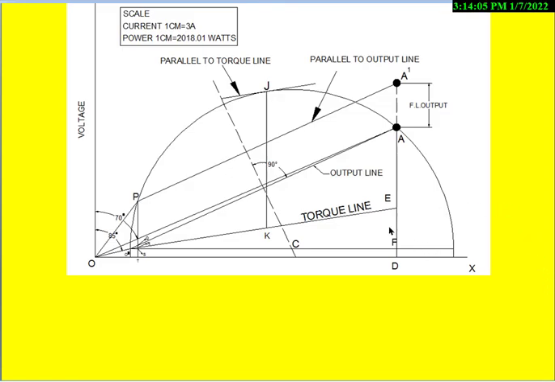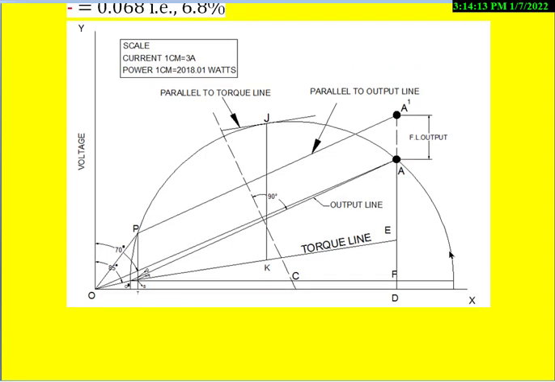When we draw the circle diagram with the actual distances in AutoCAD, we get the circle diagram like this. You can see here, this is the torque line, this is the output line, this is the full load output, and this is the maximum torque line from here to here, and this is the full load torque line from here to here, and this is the full load current, and this is the full load power factor, that is the angle between OP and the voltage axis.